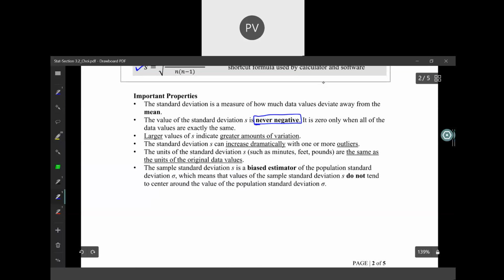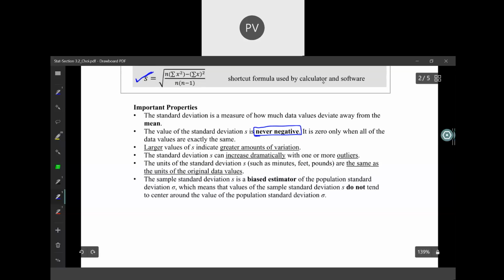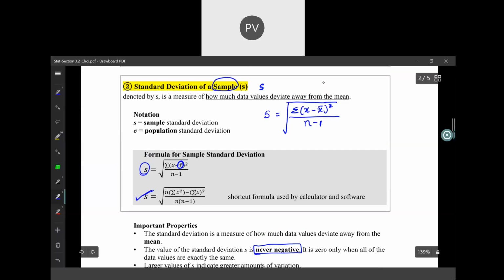Why? No matter what the data set is, what the mean is, the standard deviation will never be negative. It is always positive or 0. Why do you think that is? Look at the formula here. It is squared, right?